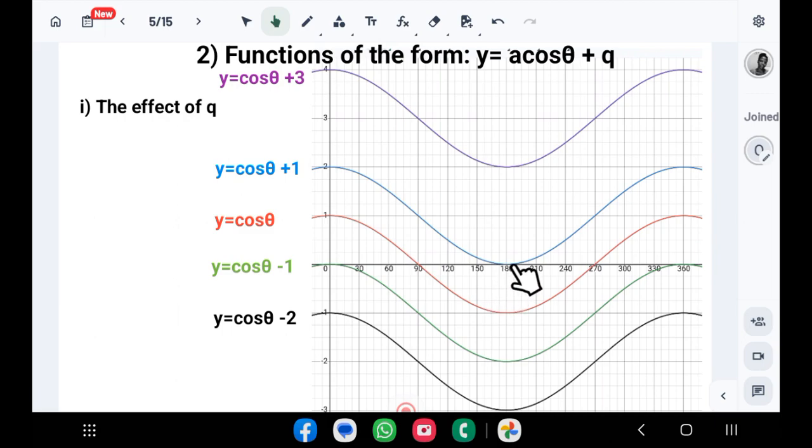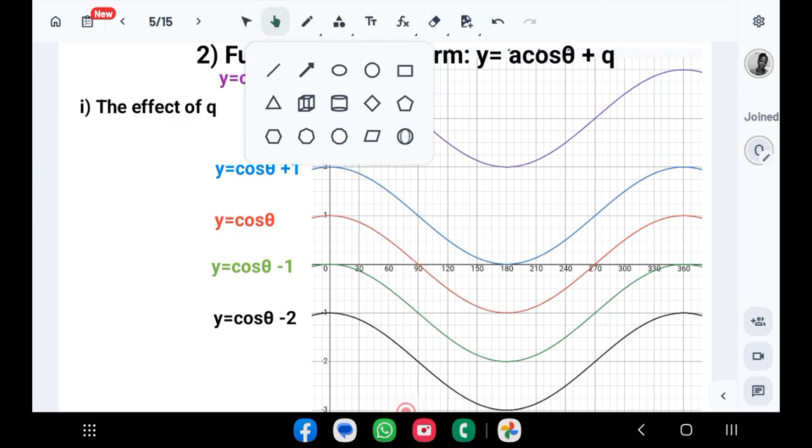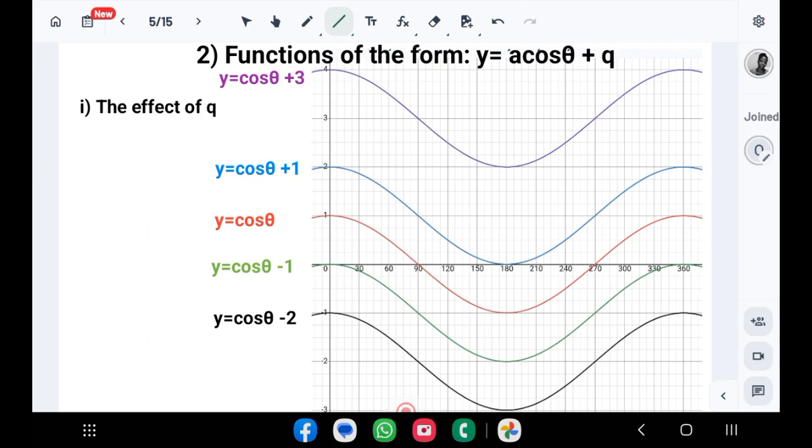The minimum turning point went from 180 degrees and negative 1 and went to 180 degrees and negative 2. That also was shifted 1 unit down. There it lands.